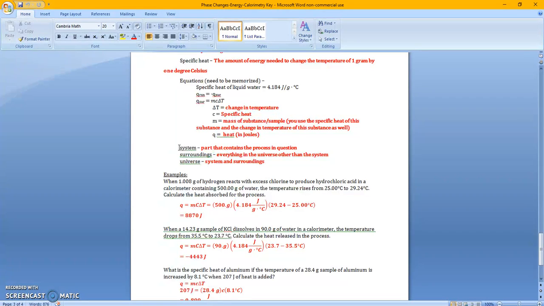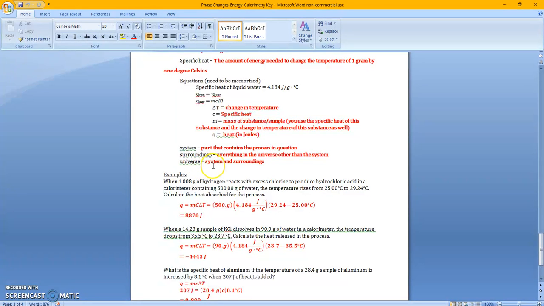So if I take a hot metal sphere and I put it into a cup of water, the sphere is the thing that I'm watching. I'm watching the sphere let off energy into the water. And the water is absorbing the energy from my steel sphere. And that is what we call the surroundings. So the surroundings is anything that is outside the system, that is either absorbing or giving up heat.